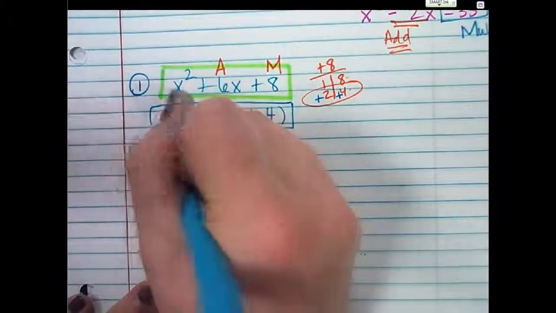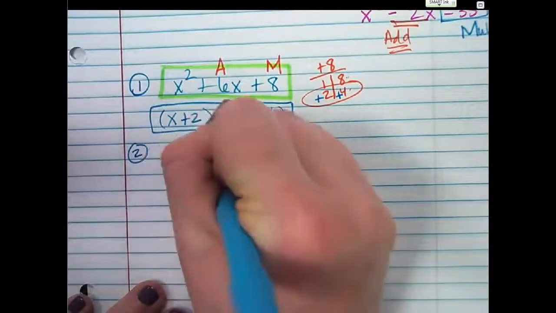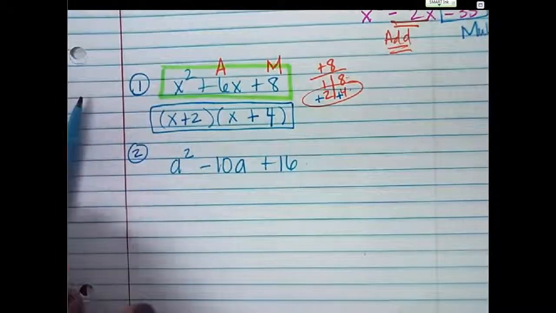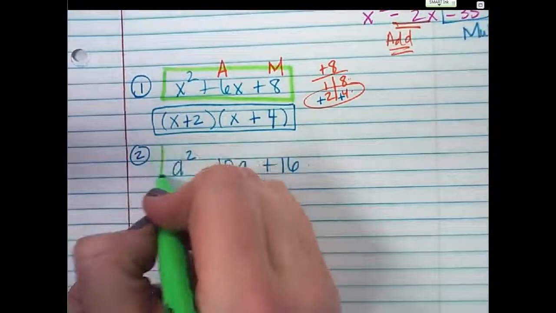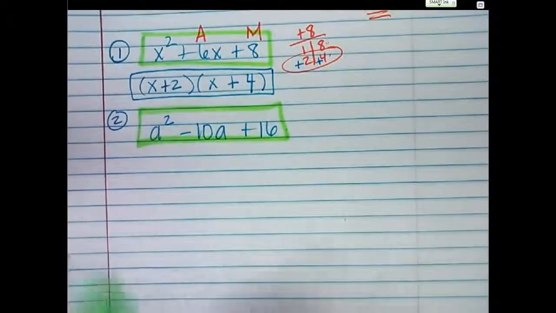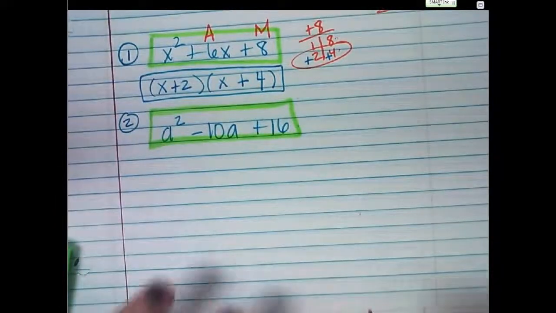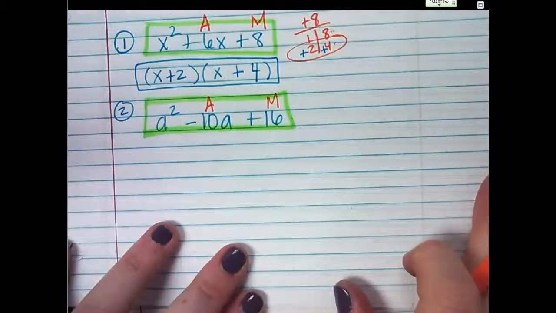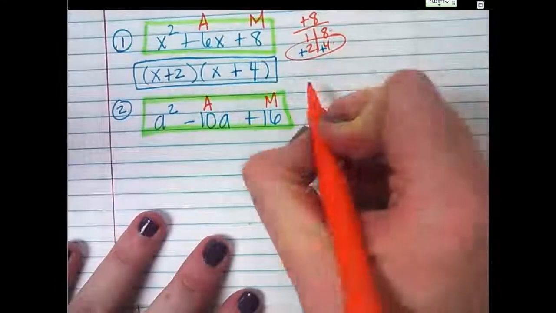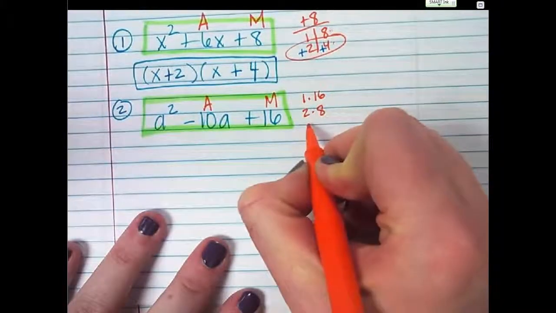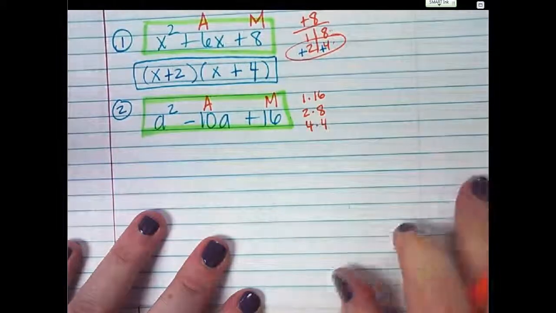Okay, next one. A squared minus 10a plus 16. So something that adds to give me negative 10, multiplies to give me 16. Again, if you need to list your factors, do it. 1 times 16, 2 times 8, 4 times 4.